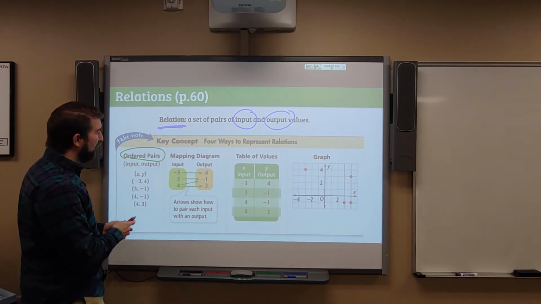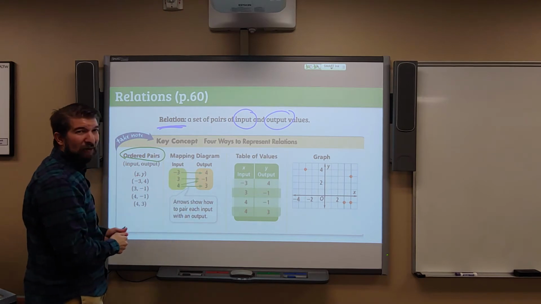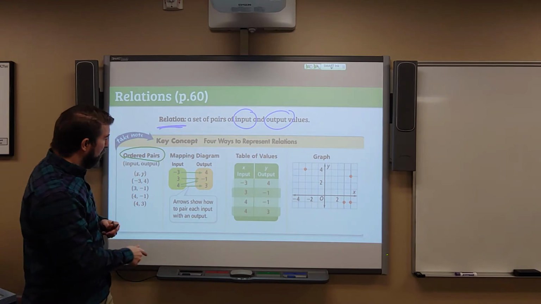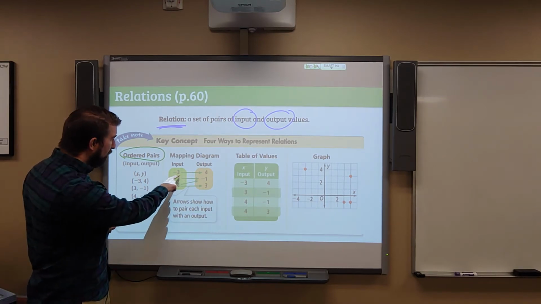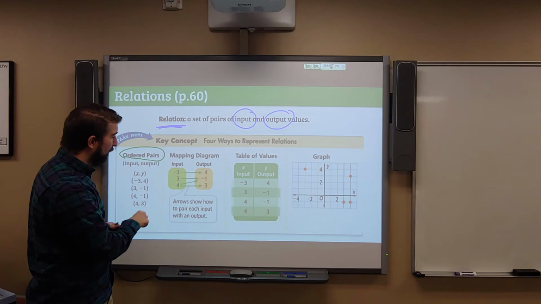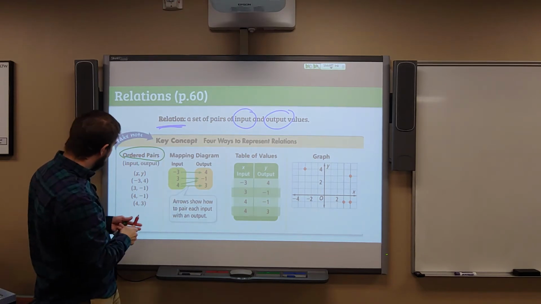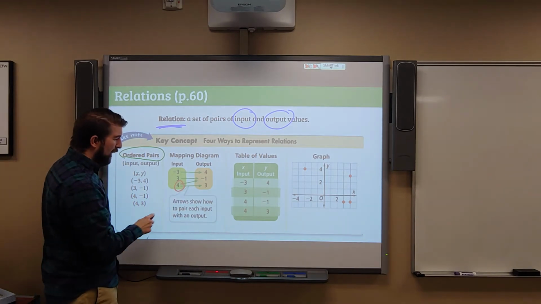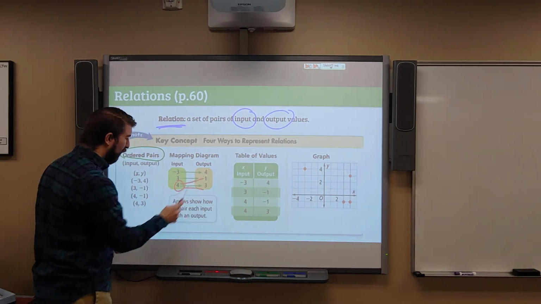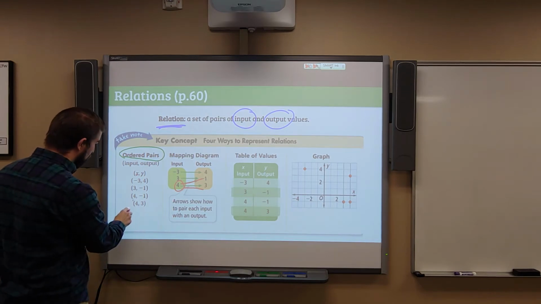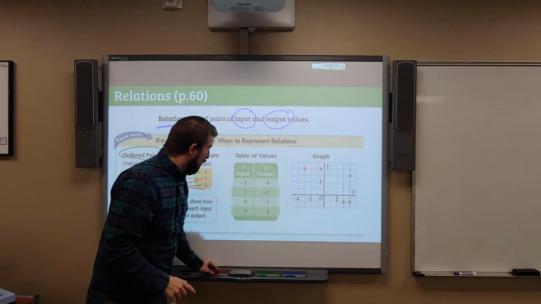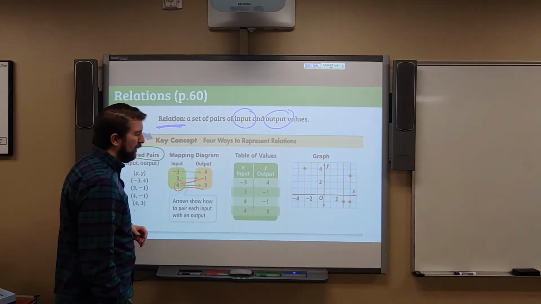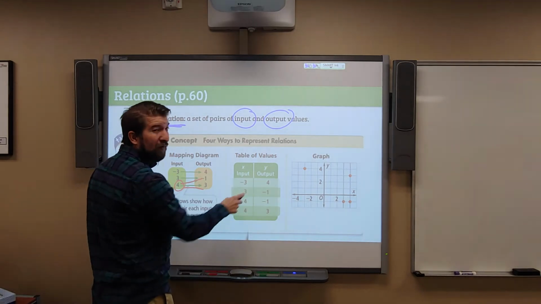A relation can also be written as a mapping diagram. You may have seen this in previous math classes, but notice right here, the arrows point to the relation that matches. So like this value of 4 on the x actually goes to (4, -1) and (4, 3), just like we saw right here. You most definitely have seen this either in geometry or Algebra 1, where you have a table.